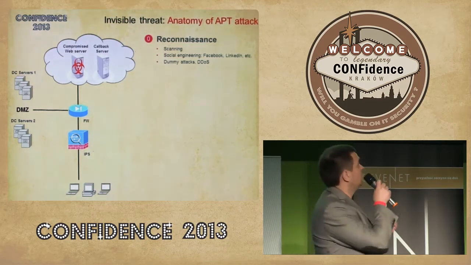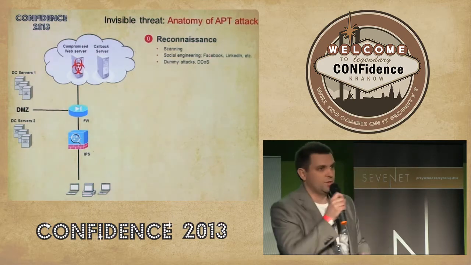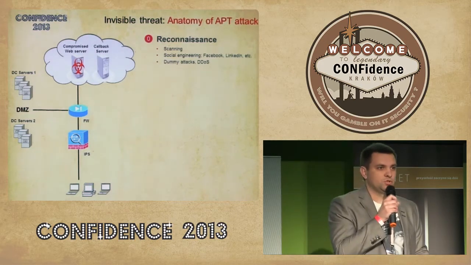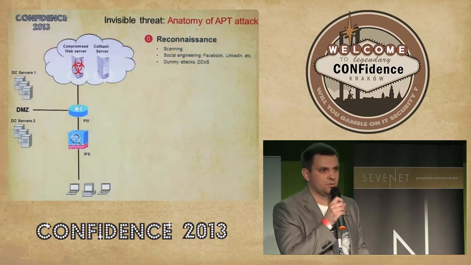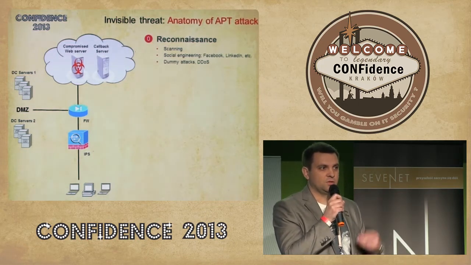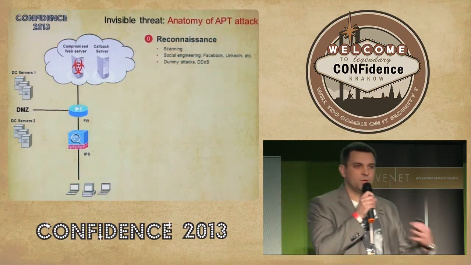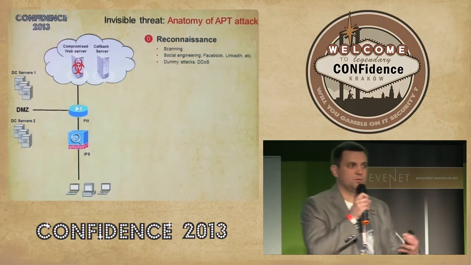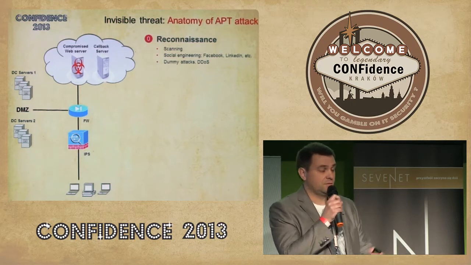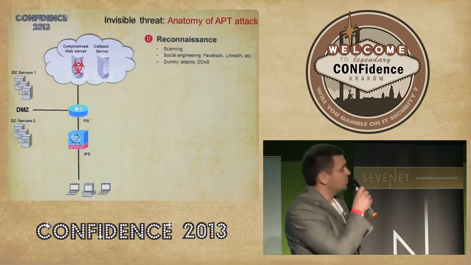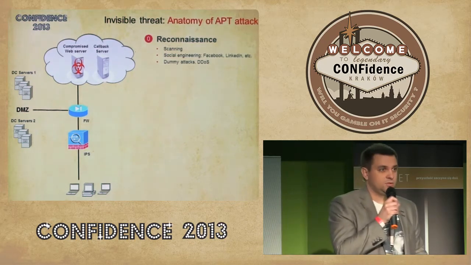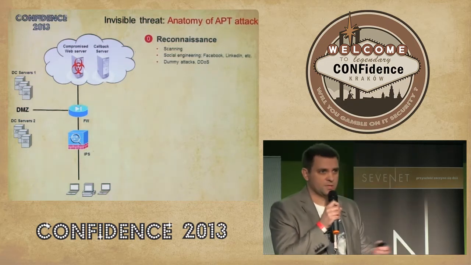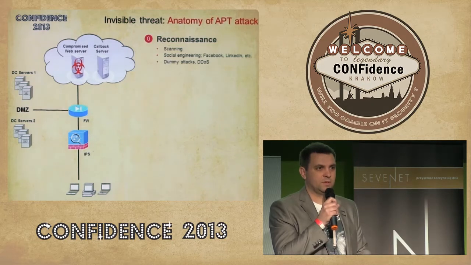They like to read information on Facebook and LinkedIn about the victims. Why do they want to do this? Because they want to know the weaknesses of the whole environment, not only the system itself. They also use dummy attacks and DDoS to obfuscate and avoid detection.